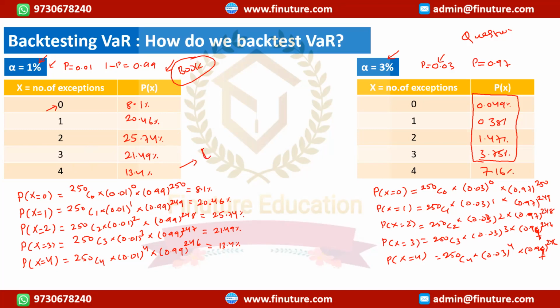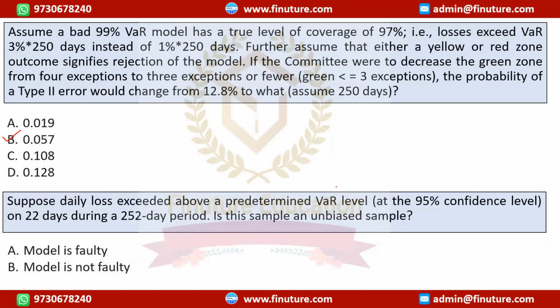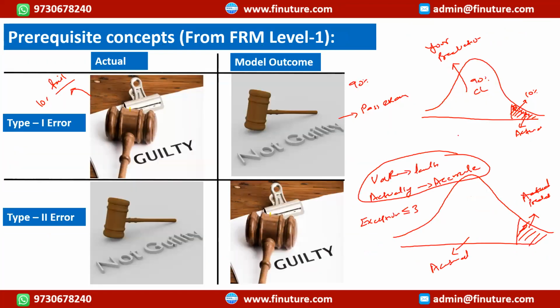This is the probability of getting exactly 4 exceptions, but the cumulative probability of getting up to 4 exceptions would be around 89.2%. If you recollect, it is similar to 90% confidence for clearing the exam.